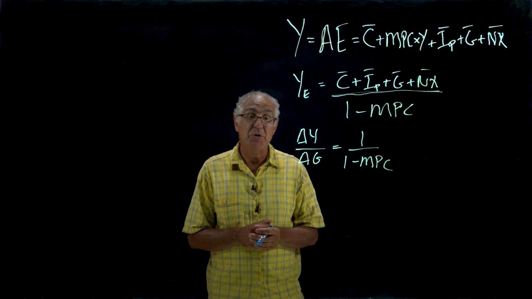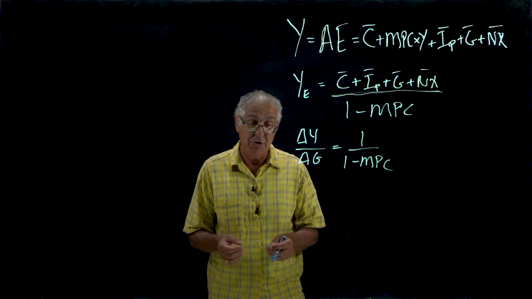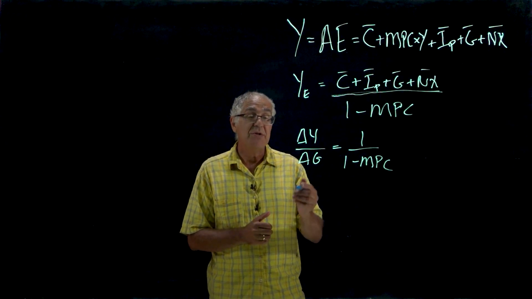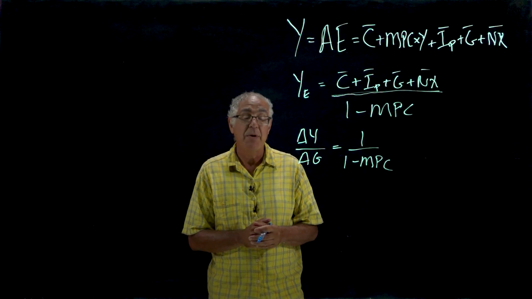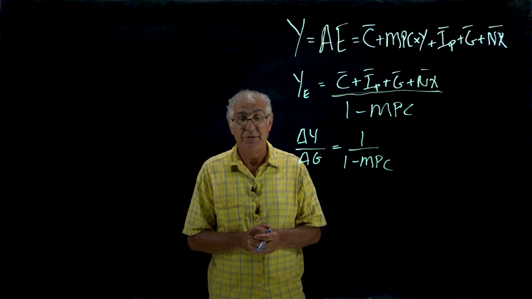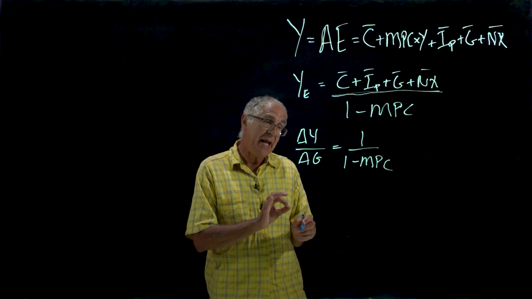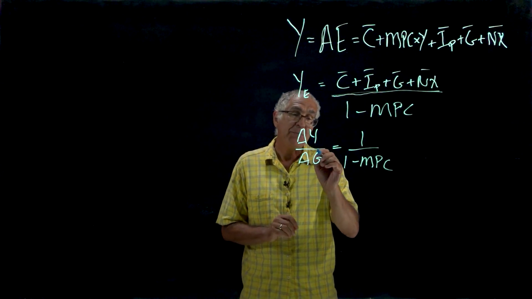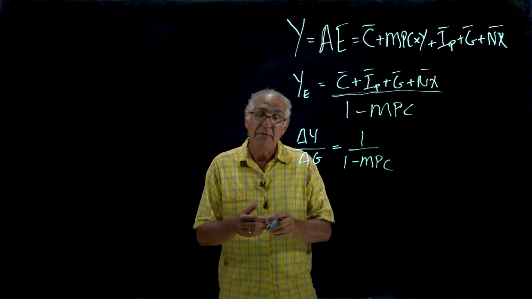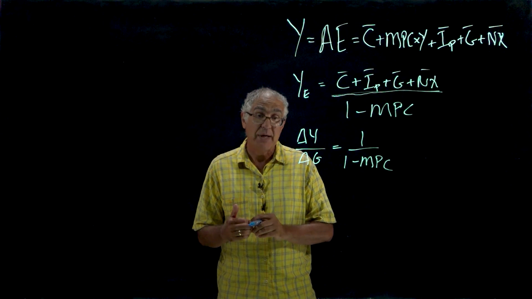So the government spending multiplier would be equal to 5 in that case. So if the government increased spending by $5 billion, then the change in the equilibrium level of income would be $25 billion. Now I should point out that this change in the equilibrium level of income is only the change for a given price level.